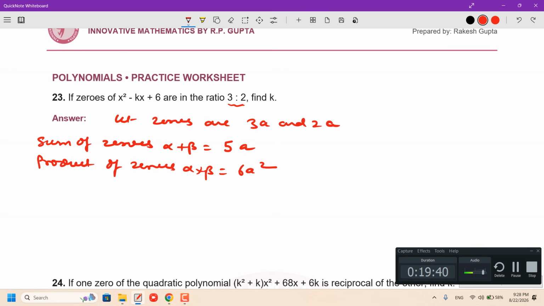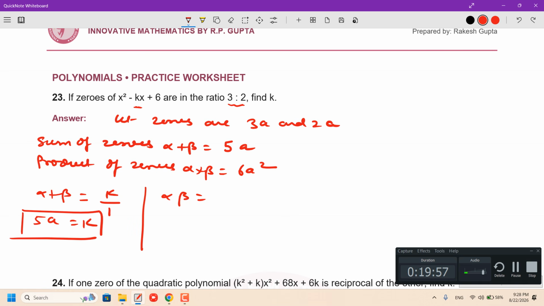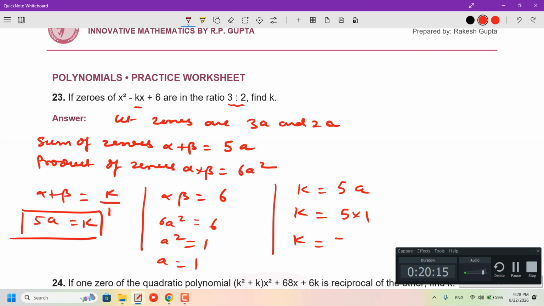Now we have to find k. So taking sum of zeros, alpha plus beta is minus b by a, which is k by 1. Sum of zeros is 5a equal to k. Now product of zeros, alpha into beta, is equal to c by a, which is 6, and alpha into beta is 6a square equals 6. So a square equals 1. So a equals 1. Now k is equal to 5a, so k equals 5 times a, so k equals 5.